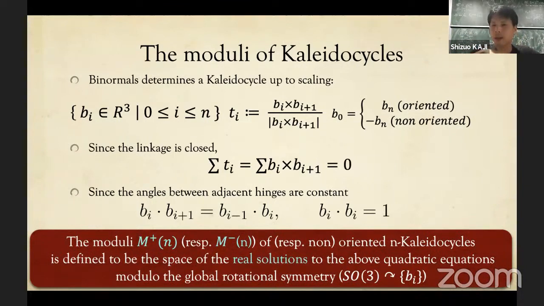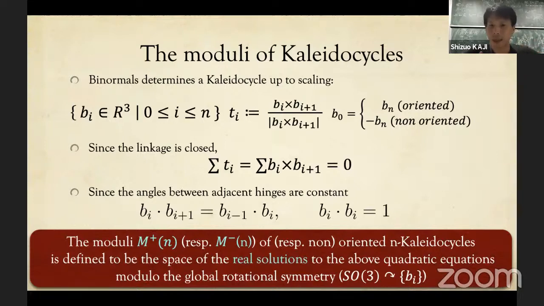or you can also start with the set of binormal directions, and then you can recover the original curve by taking the exterior product of two binormals, because binormals are orthogonal to tangent directions. So if you take the cross product of two binormals, then you get the tangent direction between them.